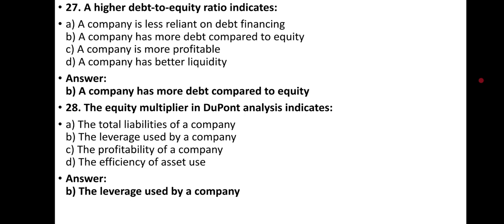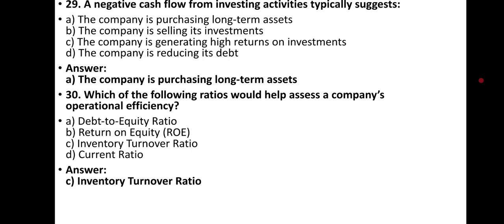Next question, the equity multiplier in DuPont analysis indicates the leverage used by the company. Next question, a negative cash flow from investing activities typically suggests, and the right answer is the company is purchasing long-term assets. Next question we have, which of the following ratios would help assess a company's operational efficiency? So right answer is inventory turnover ratio.